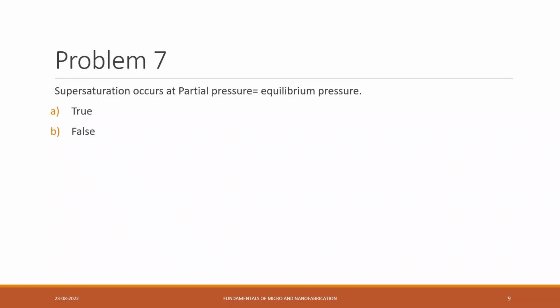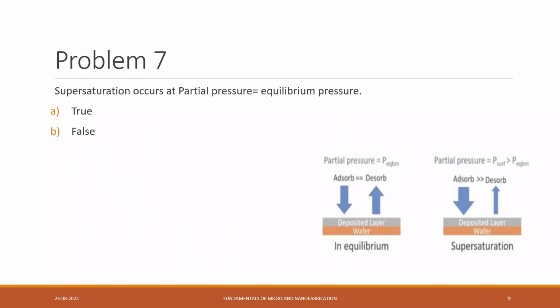Okay, so let's discuss the answer. This is something I picked up from the PPT, from the video lecture of the course. Here we see that where the partial pressure is equal to the equilibrium pressure, the rate of adsorption and the rate of desorption are equal.